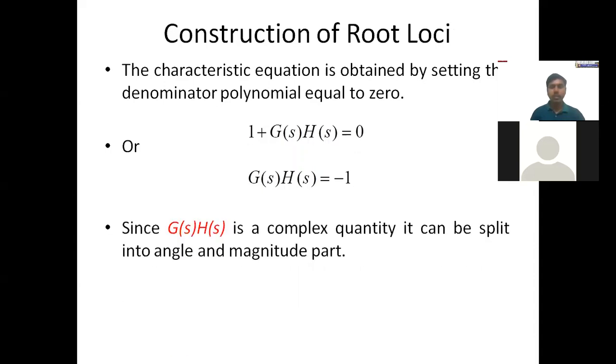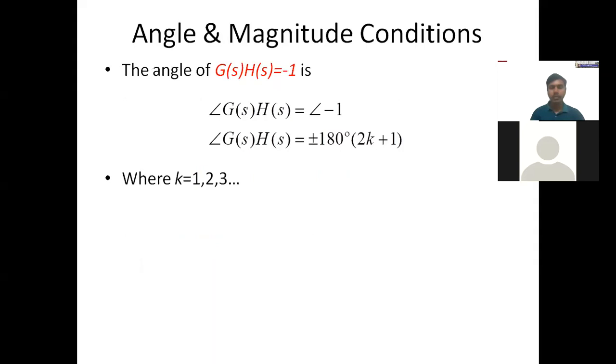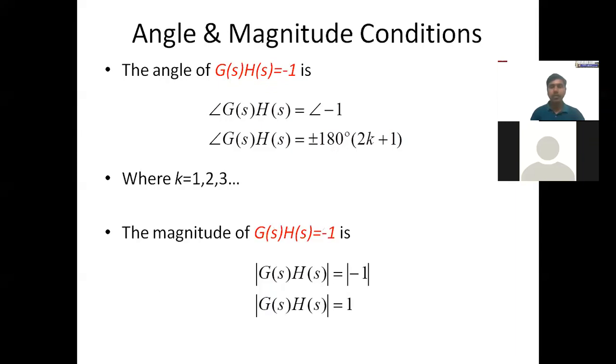Since it is complex, we can represent this in terms of magnitude and angle like this. The angle of G(s)H(s) is plus or minus 180 degrees times (2k plus 1), where k is 0, 1, 2, 3 and so on. That is, odd multiples of plus or minus 180 degrees, and the magnitude is equal to 1.